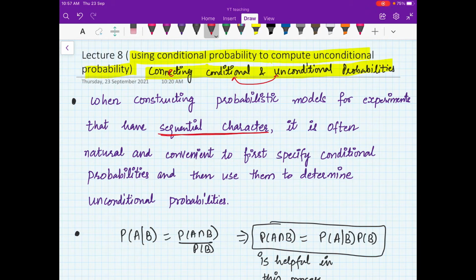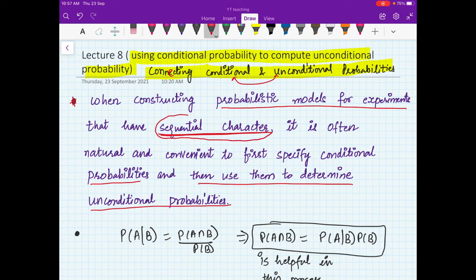When constructing probabilistic models for experiments that have sequential characters, it is often natural and convenient to first specify the conditional probabilities and then use them to determine the unconditional probabilities. I will tell you how. Note this point: when you have a sequential character in your experiment, most of the time we will first compute the conditional probabilities, and then use them to compute the unconditional probabilities.